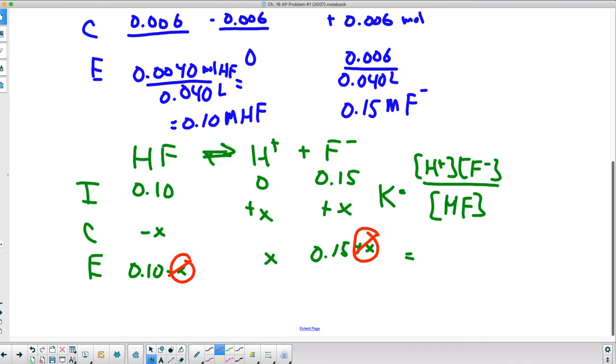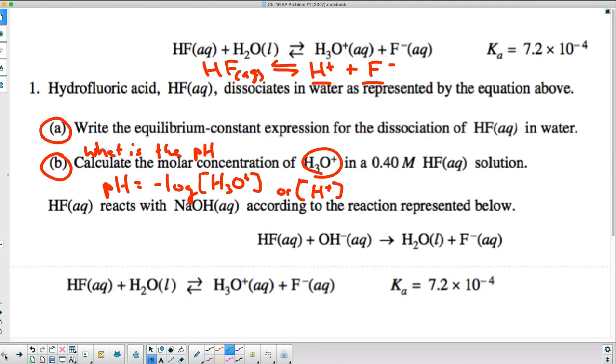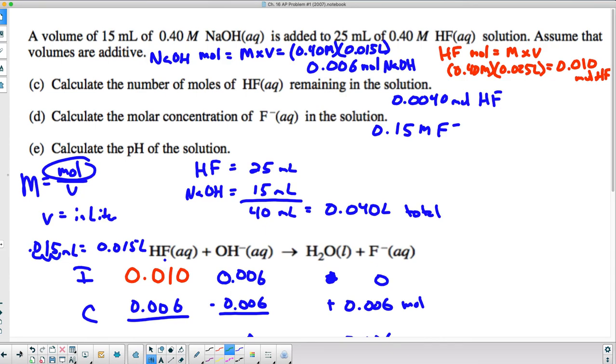They're gone. So now I plug everything back in: x times 0.15 divided by 0.1 equals, and I think what I have is 7.2 times 10 to the negative fourth as my Ka for this.